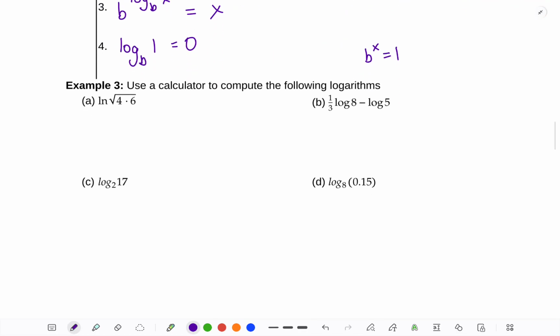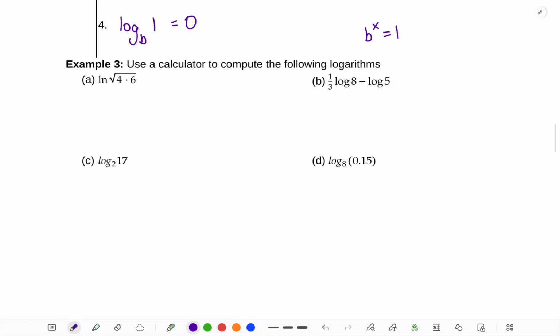So example 3, we want to use a calculator to compute the following logarithms. So hopefully you can find the ln button on your calculator of the square root of 4 times 6. And you should get approximately 1.5890. Please practice this.